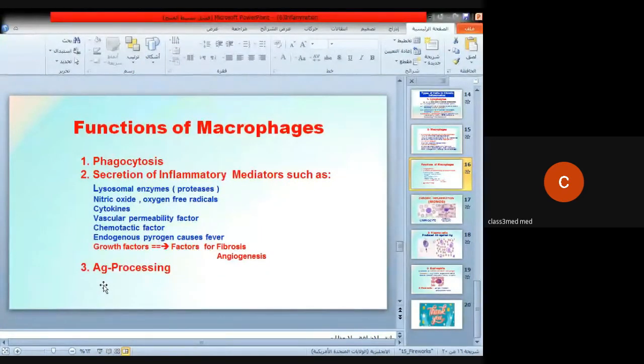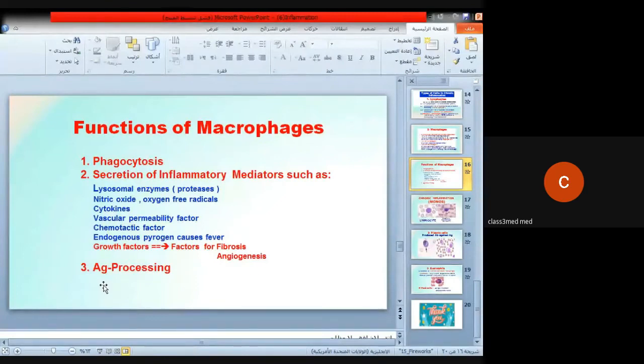They are responsible for the clearance of the tissue from the necrotic and cellular debris. Where did the necrotic tissue and cellular debris come from? Because of neutrophils. In acute inflammation, neutrophils cause destruction of the tissue, followed by macrophages, which are responsible for clearance of the site of inflammation by phagocytosis.